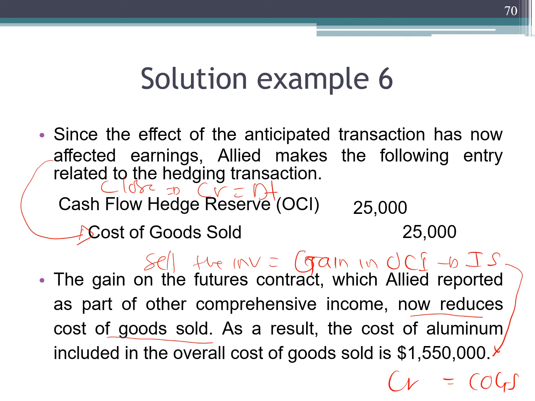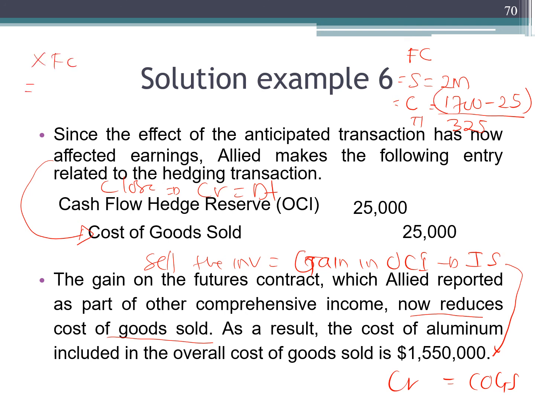How are we going to check this? We look here. This is with a future contract. The sales here is 2 million, and the COGS is 1.7 million minus 25, so you're going to have a profit of 325. This one is without a future contract.